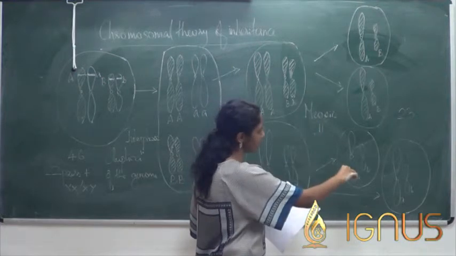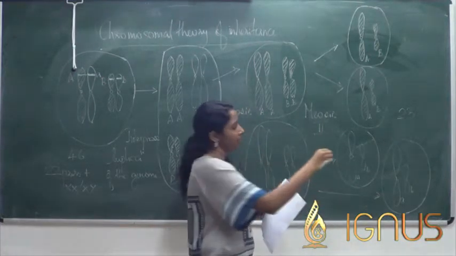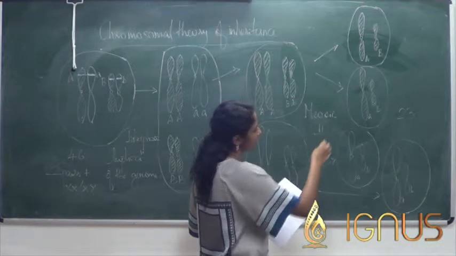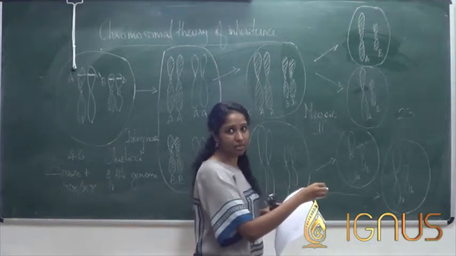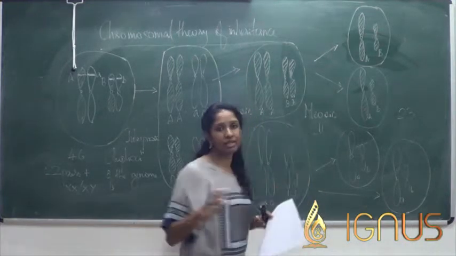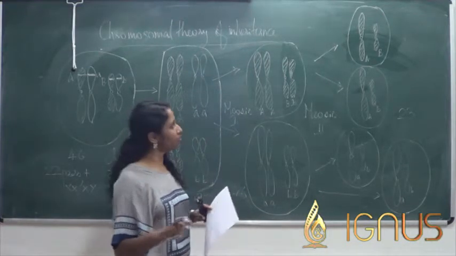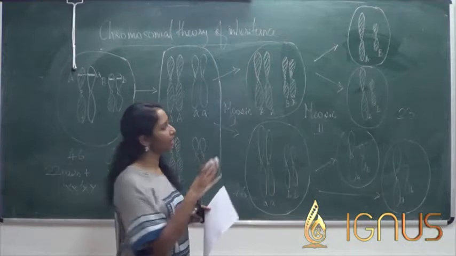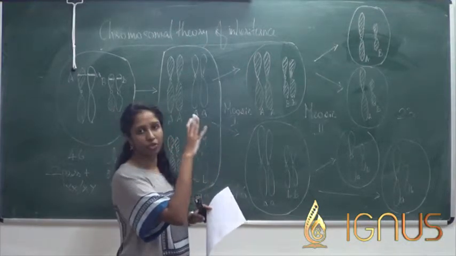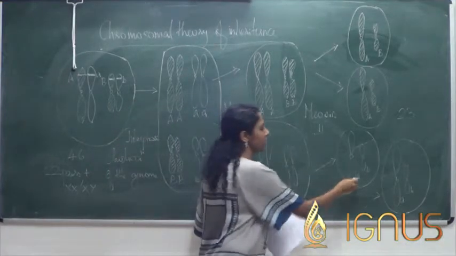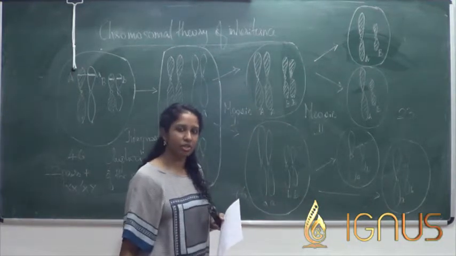So now that this is done, we know that each of the daughter cells is going to have one of the alleles of a gene. If we take gene A, then one dominant allele is going to go to one daughter cell, and one recessive allele is going to go to another daughter cell.